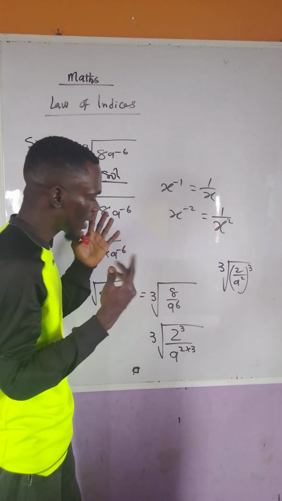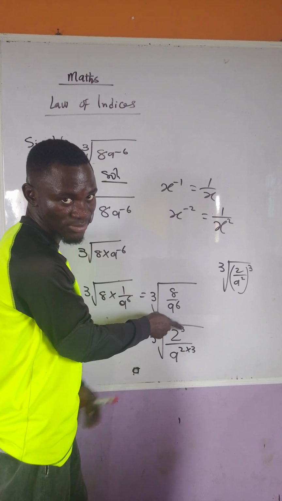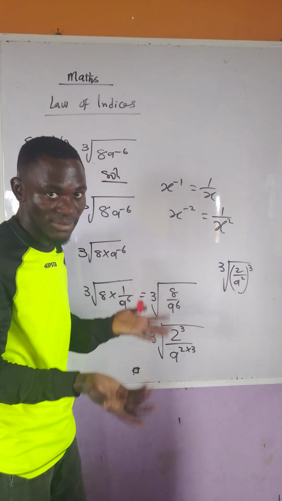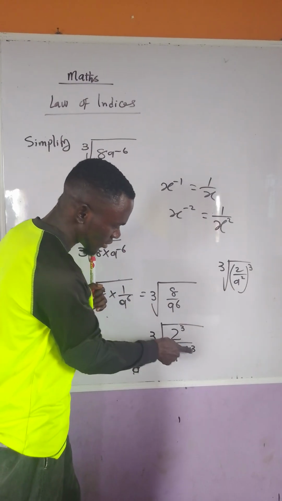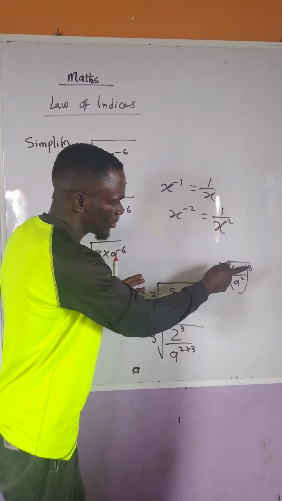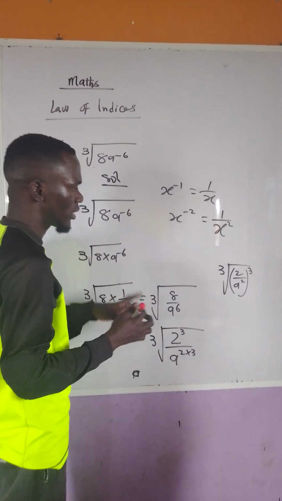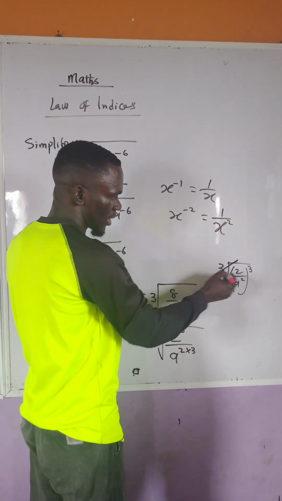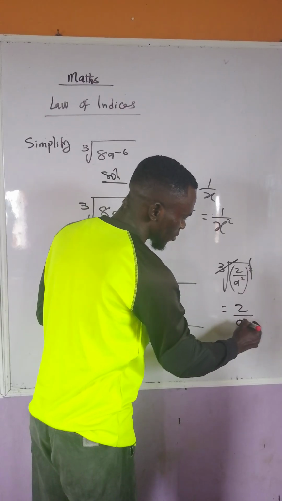I cannot put the 2 in, because 2 does not have anything to do with this 3. They're not the same thing. Are we good now? So next is to equate this and cancel this. Our final answer is 2 over a squared.